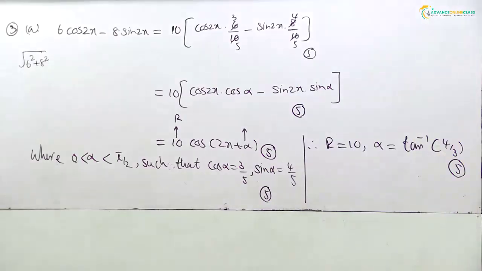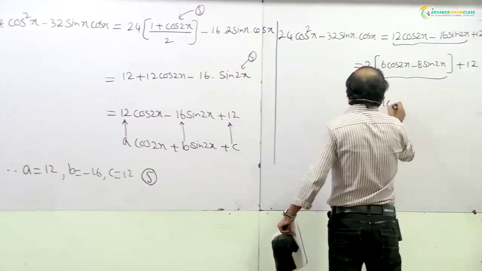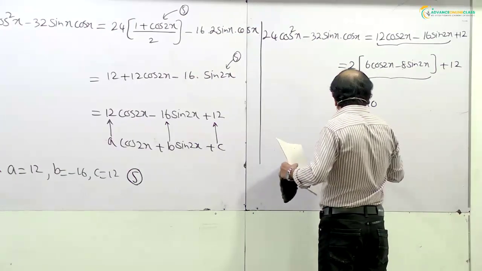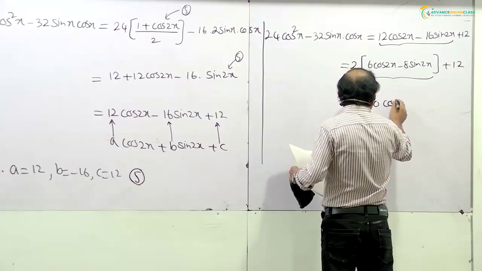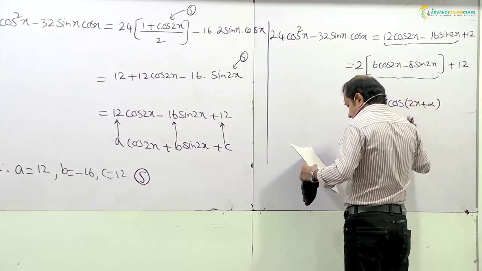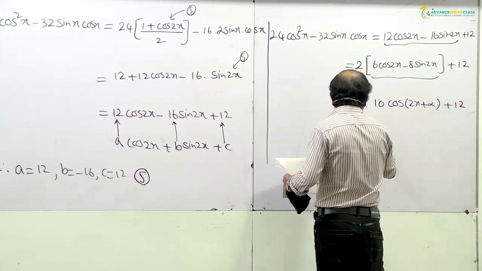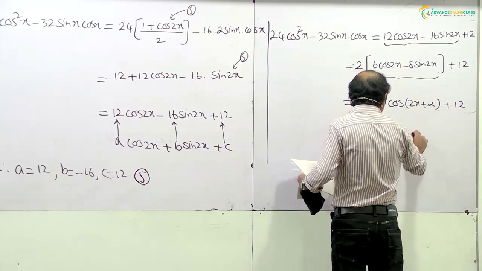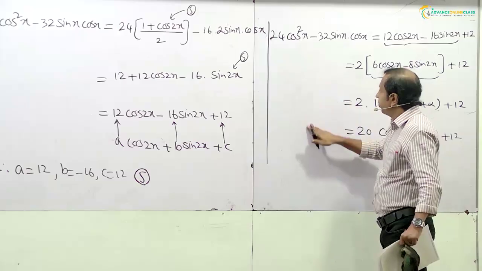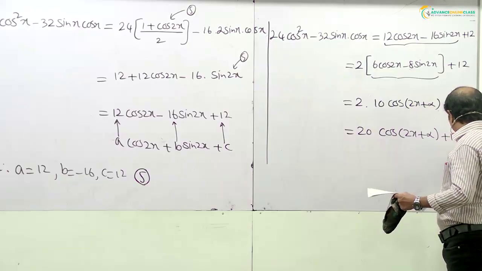Then for this place, I can put 2 times 10 cos of 2x plus alpha plus 12. Here, 20 cos of 2x plus alpha plus 12. This way I can write the left hand side. Up to here 5 marks coming.